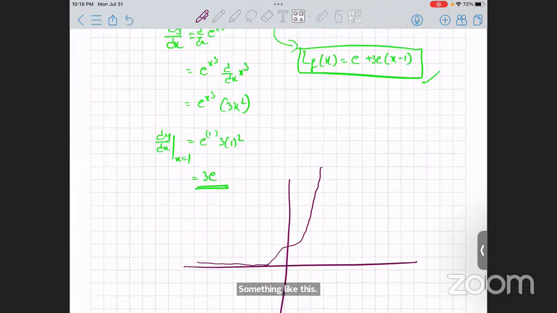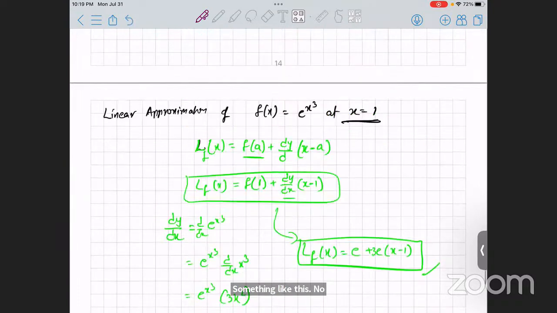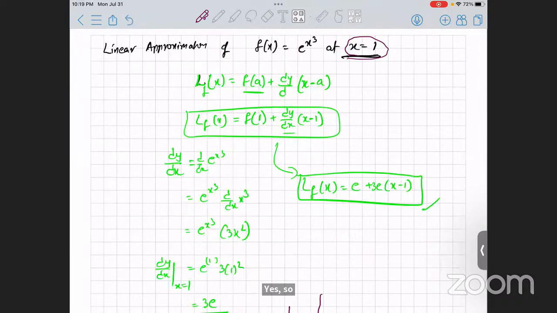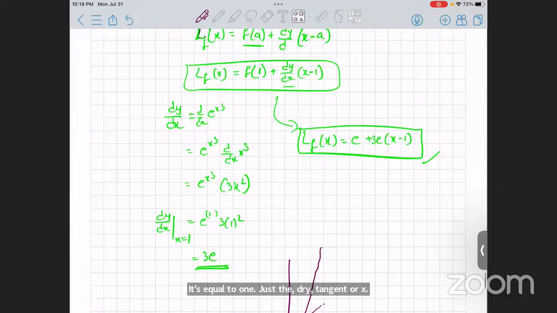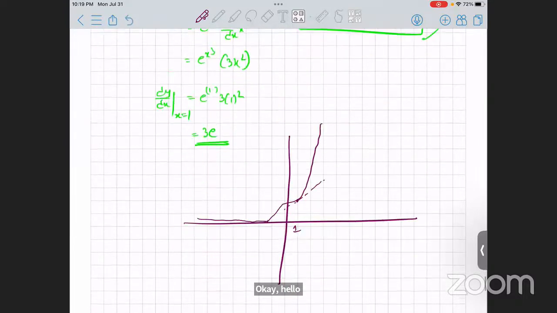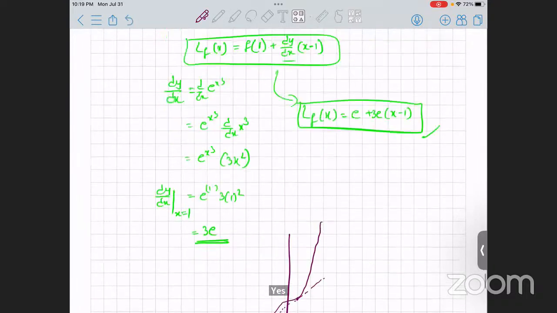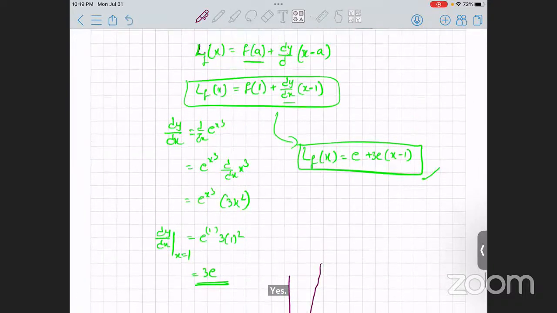Look, here x equal to 1. At x equal to 1, the linear approximation is nothing but drawing a tangent at x equal to 1. That is nothing but the linear approximation. I just want to give you the feel, nothing more than that.